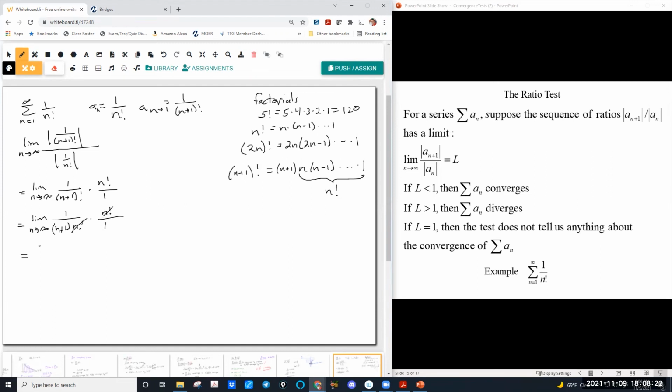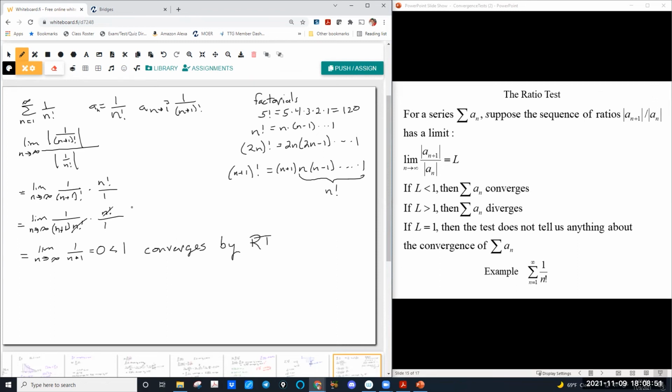And so now all we have to do is calculate the limit as n goes to infinity of 1 over n plus 1. Well, this is a limit we should know. The denominator's growing, the numerator's not. This goes to 0. We check our conditions. If the limit is less than 1, our series is convergent by ratio test.